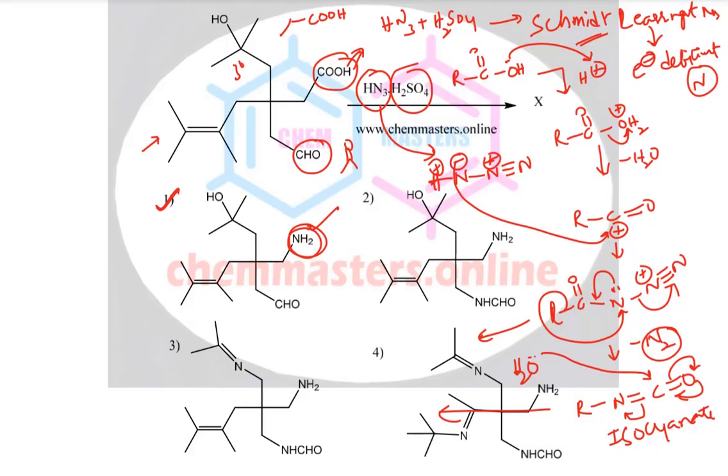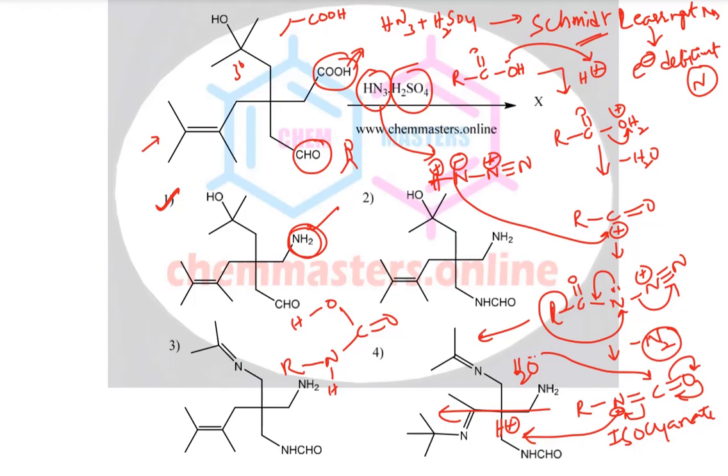Now draw the next step like this. By taking up a proton from the reaction conditions, the negative charge on nitrogen attacks this proton. So here we can say R NH, and here C double bond O, OH.